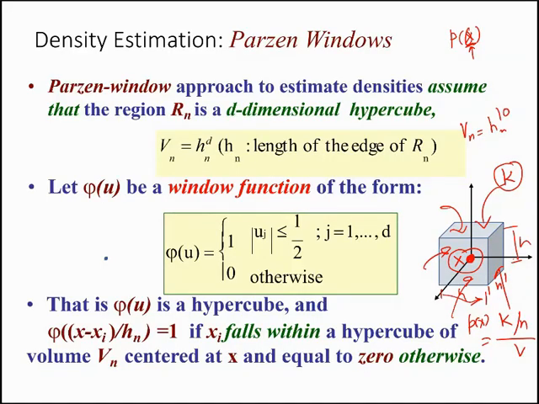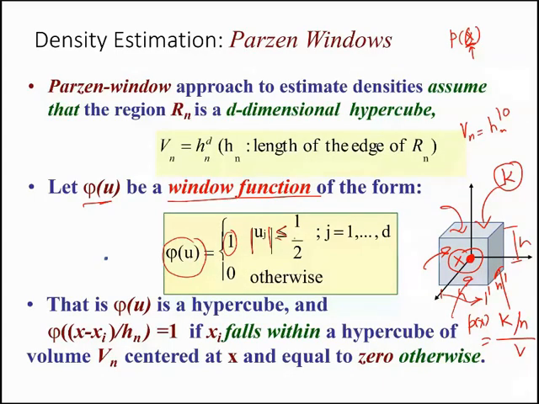So this is a reverse way, some kind of reverse way. Now here we can form a window function, say psi of u, where this function returns me 1 when the mod of u_j is less than or equal to half.